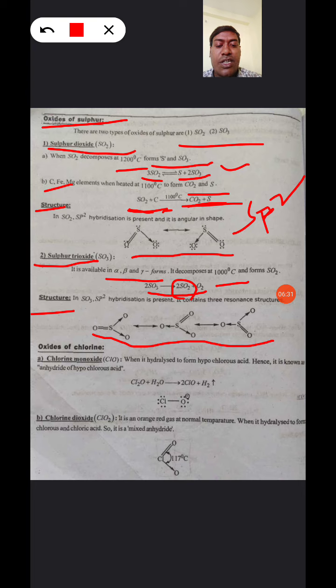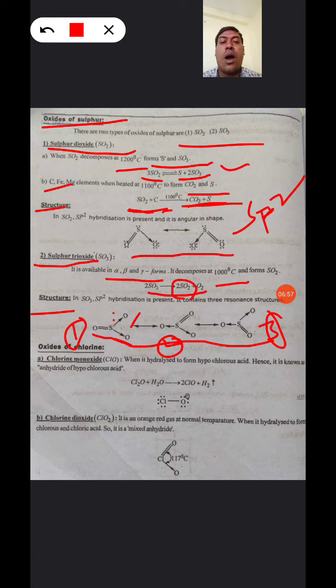Here S double bond O, this is the first structure, and S double bond O, this is the second structure, and here S double bond O, this is the third structure. These 3 are the resonance structures of sulfur trioxide.